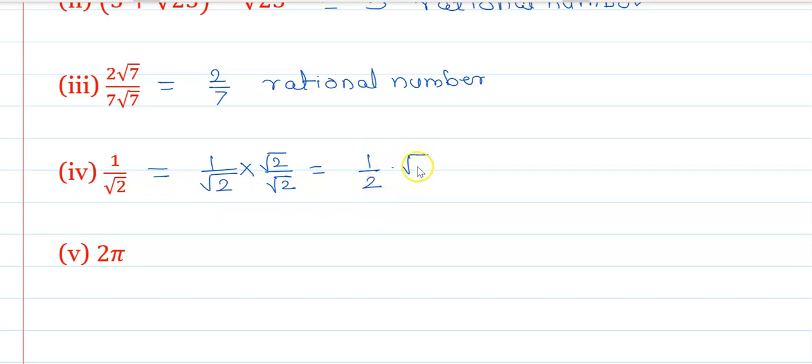Root 2 is 1.41 and so on up to infinity. If we divide it by 2, again you are getting an irrational number. Therefore, this is also an irrational number. After substituting the value of root 2 and dividing by 2, again you are getting non-terminating and non-recurring.